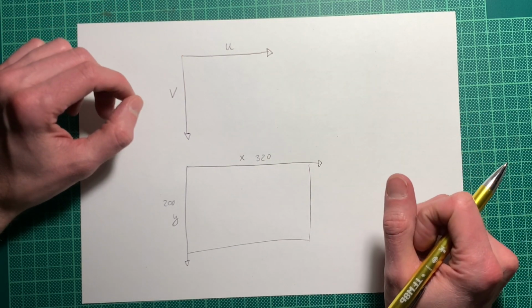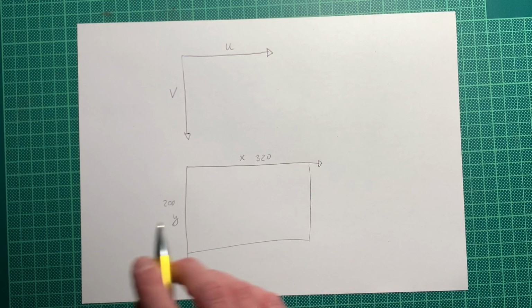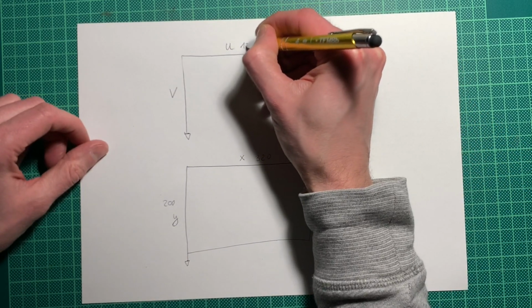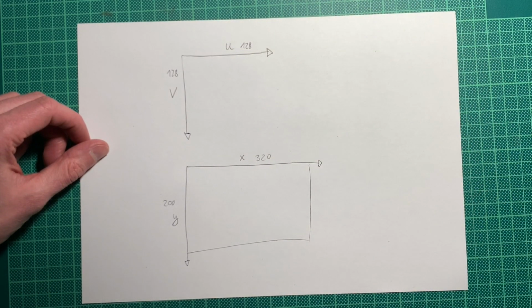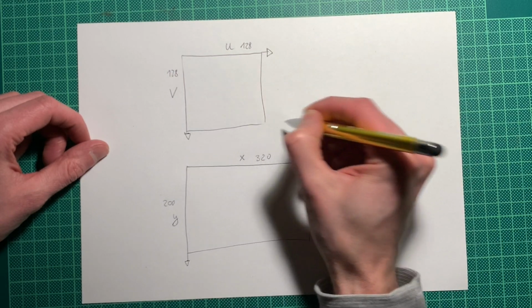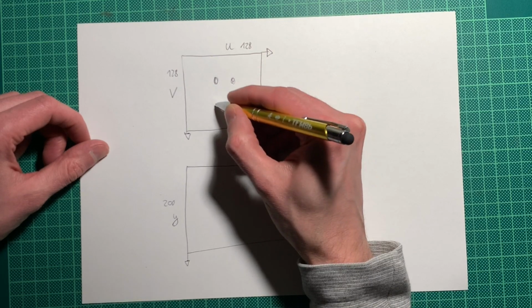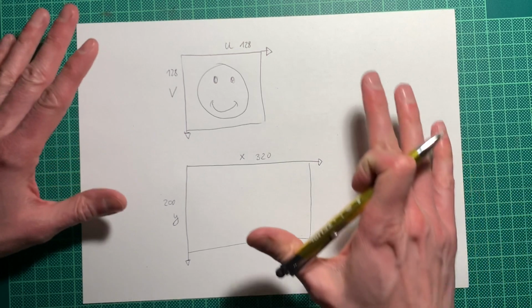The source image similarly will have any size. I think I scaled it down to 128 by 128, I think, but you can check that later. And it will be, in our case, a square image of some demonic guy. Well, I'll be drawing a smiley here because it's easier to draw.